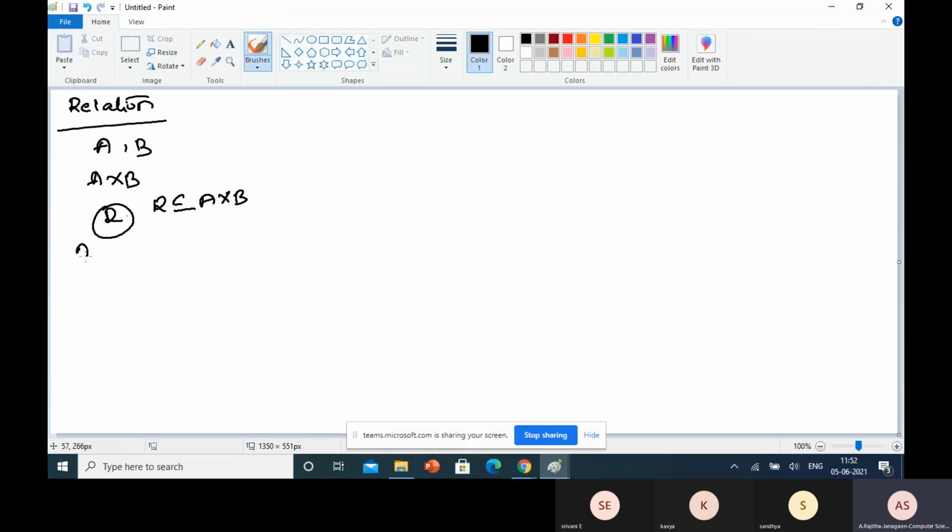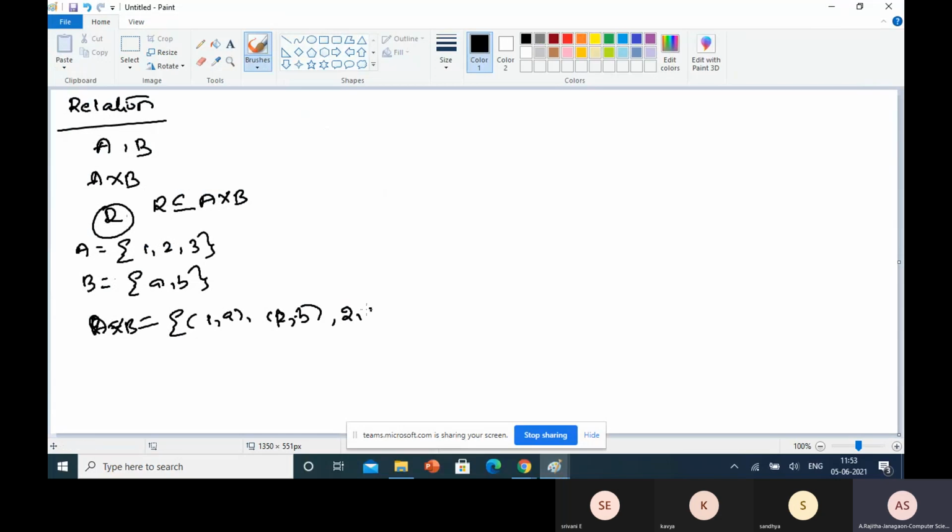Suppose here A equal to 1, 2, 3 and B equal to a comma b. Now R equal to, before that A cross B equal to what? So we know that is 1 comma a and 1 comma b, next 2 comma a, next 2 comma b, next 3 comma a and 3 comma b.